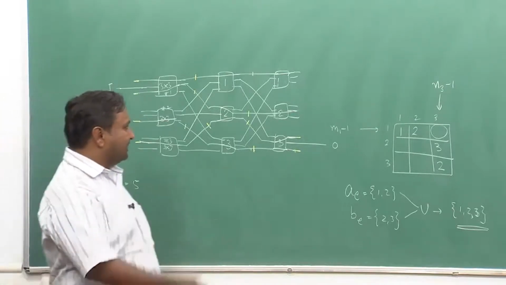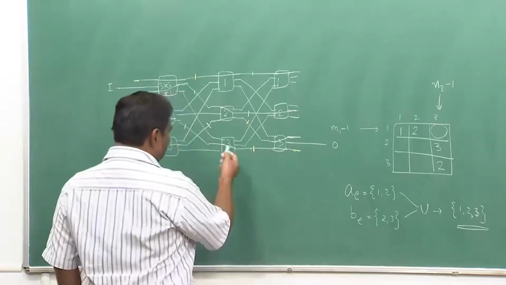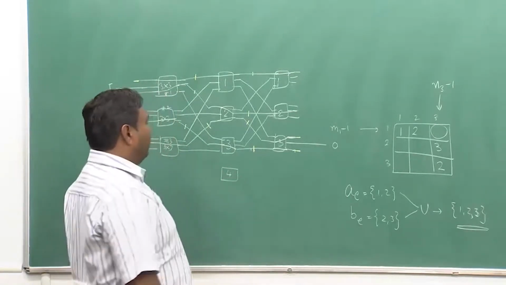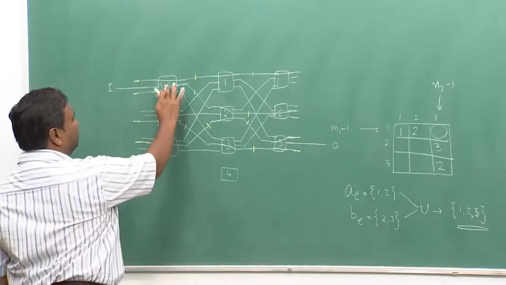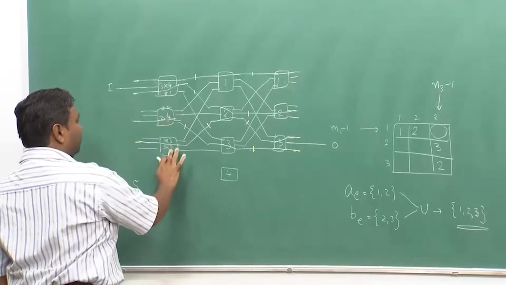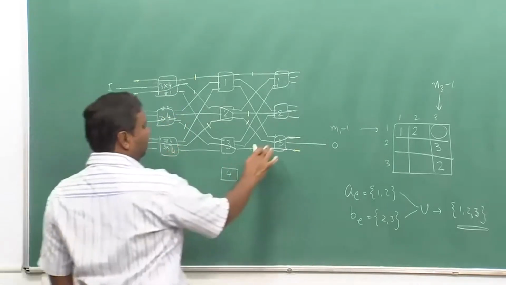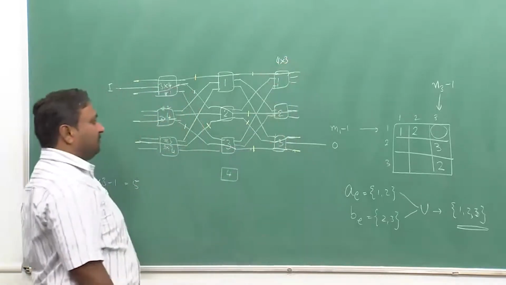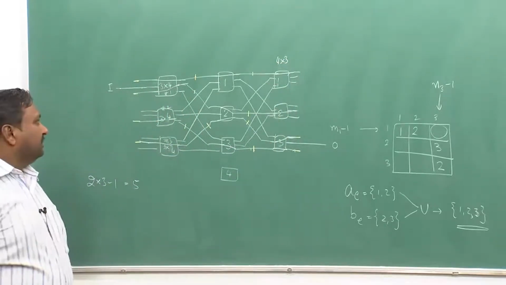Now, if I increase the number by 1 in this example, I can make it 4. Now, interestingly the switch is no more going to be 3 by 3, it will be 3 by 4, 3 by 4, 3 by 4, these will become all 4 by 3 switches. Okay.